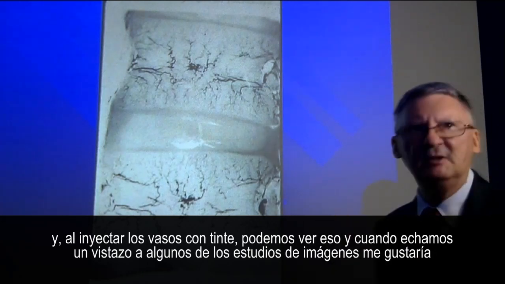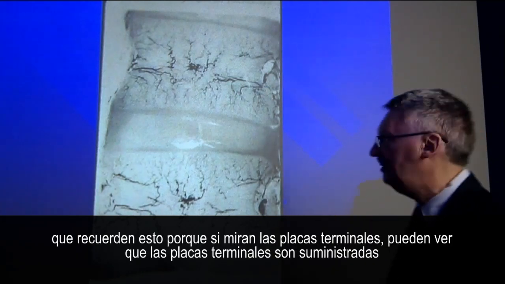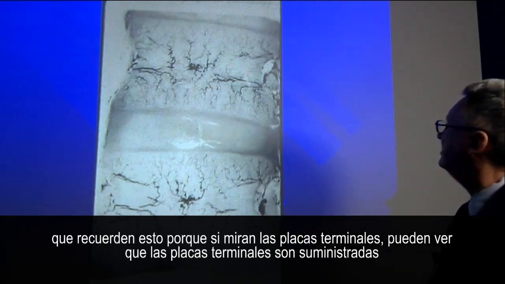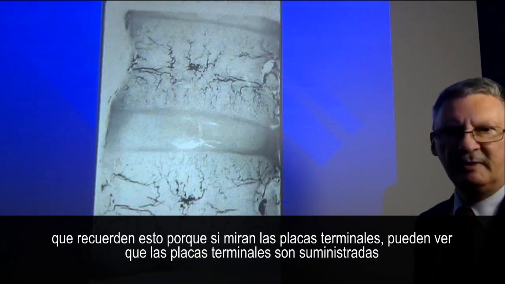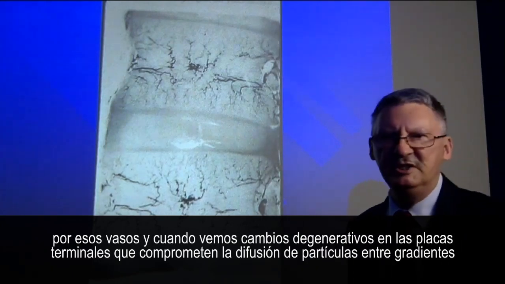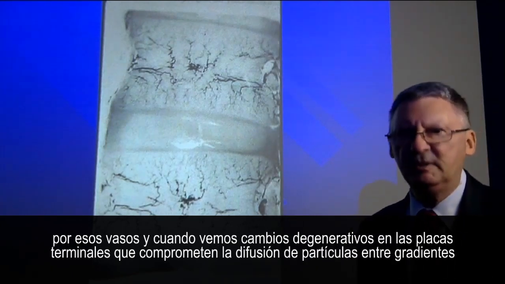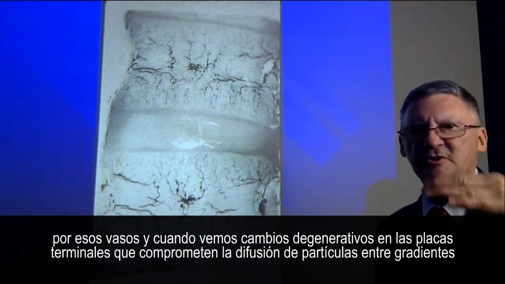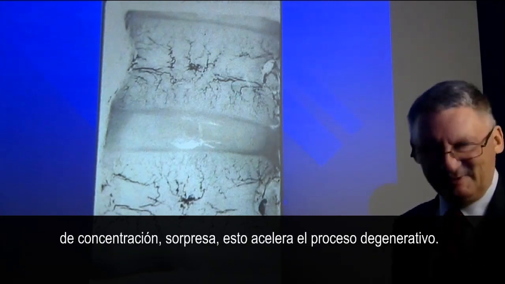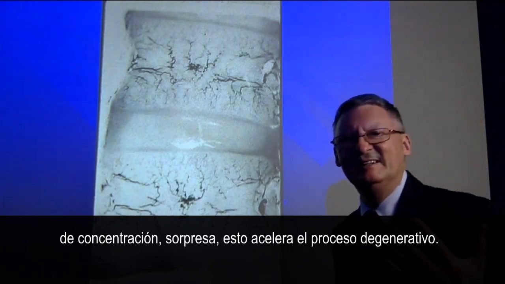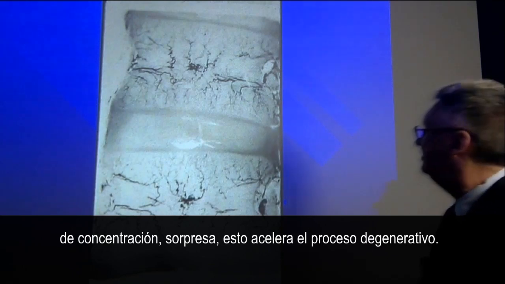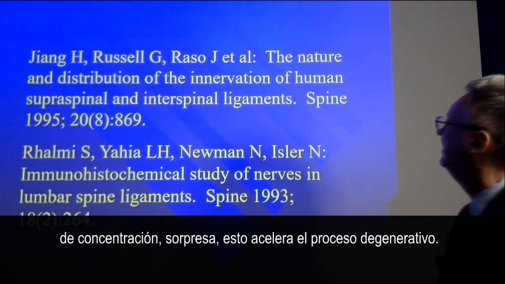And when we take a look at some of the imaging studies, I'd like you to remember this, because if we look at the end plates, you can see that the end plates are supplied by those vessels. And when we see degenerative changes on the end plates that compromise the diffusion of particles between concentration gradients, lo and behold, this accelerates the degenerative process.